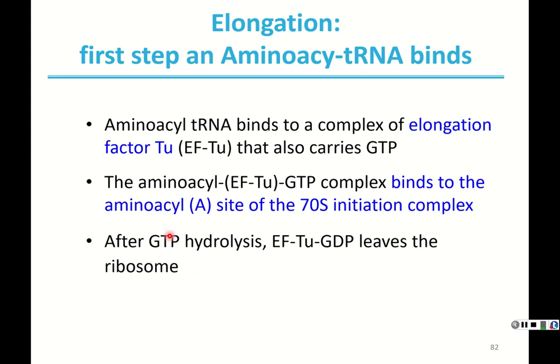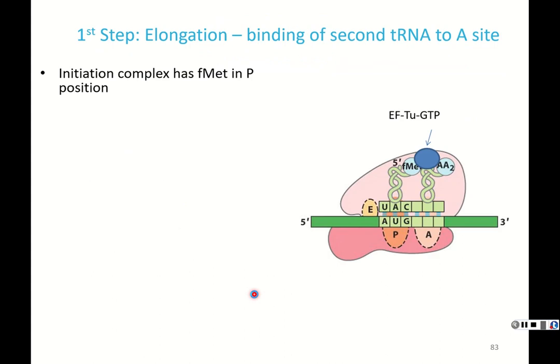After GTP is hydrolyzed, that EF-Tu GDP leaves the ribosome. So if we look at this, our EF-Tu complex with our aminoacyl tRNA comes into the A site. The initiation complex always has that FMET tRNA in the P site, so our next one is coming in adjacent to that. So this binds that complex.